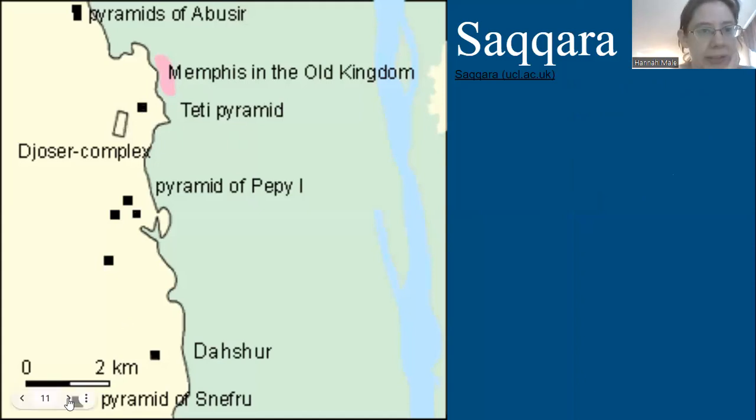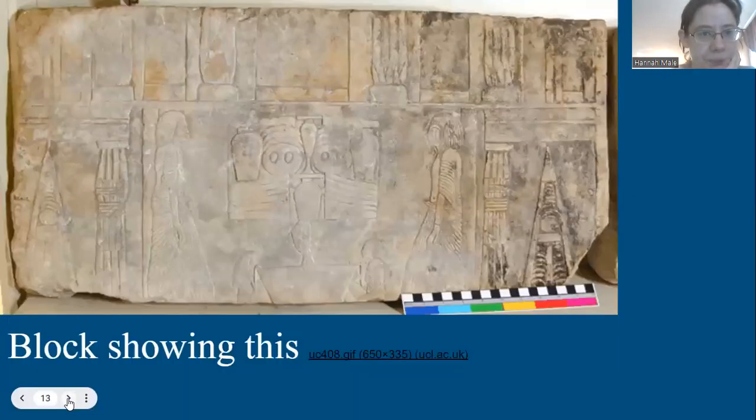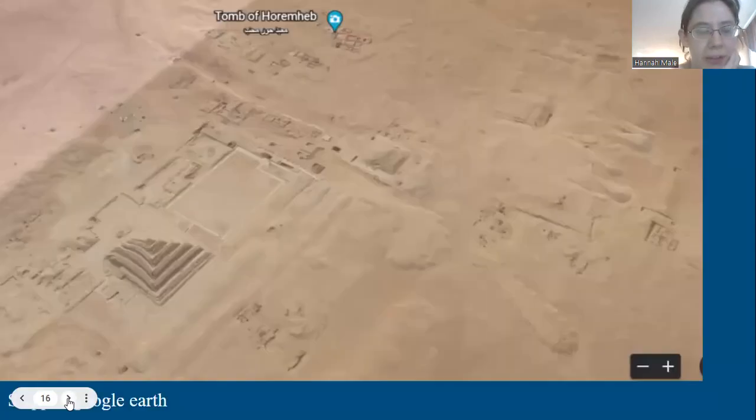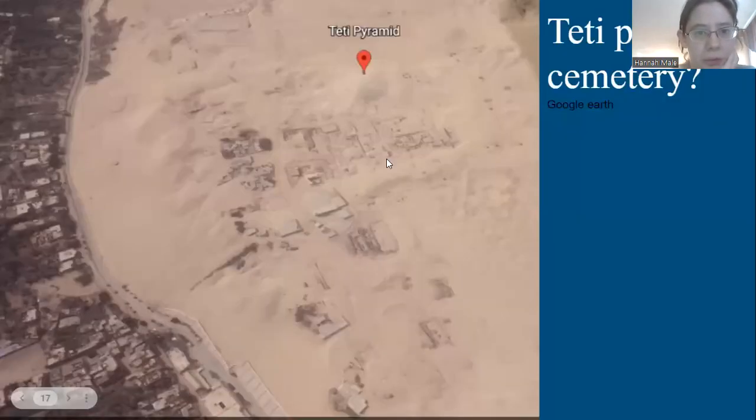It's called the Teti Pyramid Cemetery because there's the pyramid of Teti here, but then there are private burials and tomb chapels from those who served Teti and just other people who wanted to be buried in that sub cemetery as well.